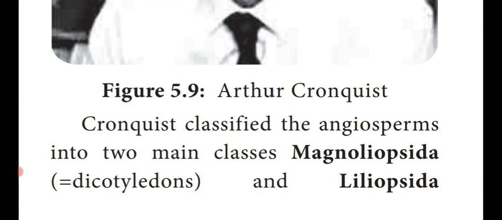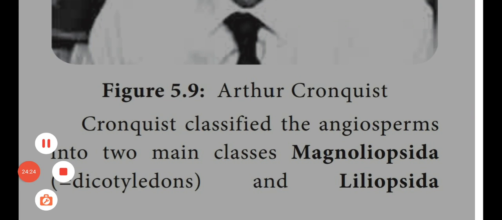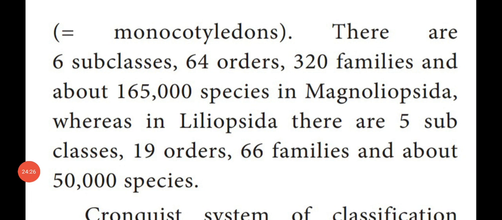So Cronquist classified the seeded plants, the angiospermic plants, into two main classes. One is Magnoliopsida, that is dicotyledon, and Liliopsida, that is monocot. Magnoliopsida means dicotyledon, Liliopsida means monocotyledon.